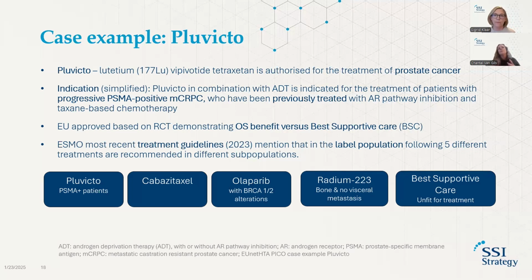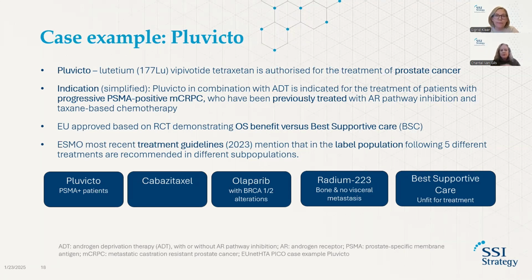UNETA helped develop the HTA regulation, and they did some exercises, and Pluvicto was one of them. So it's easier for me because member states were actually able to provide input. So it's then a real world example.